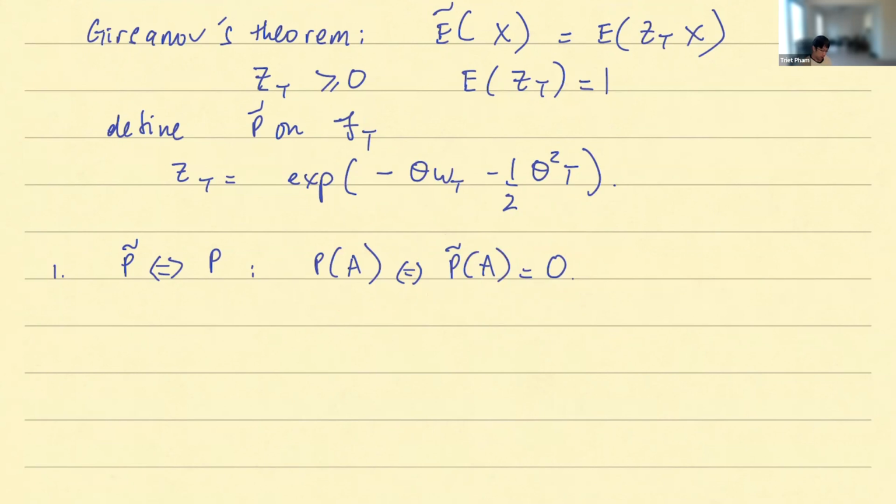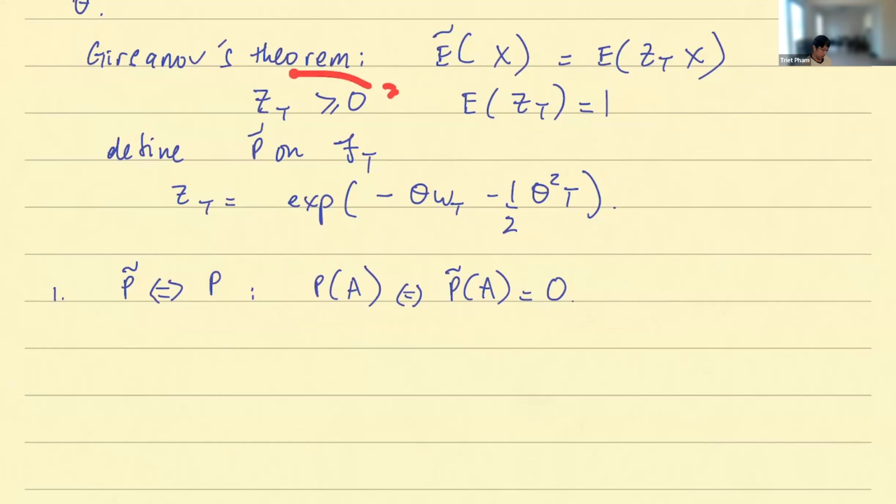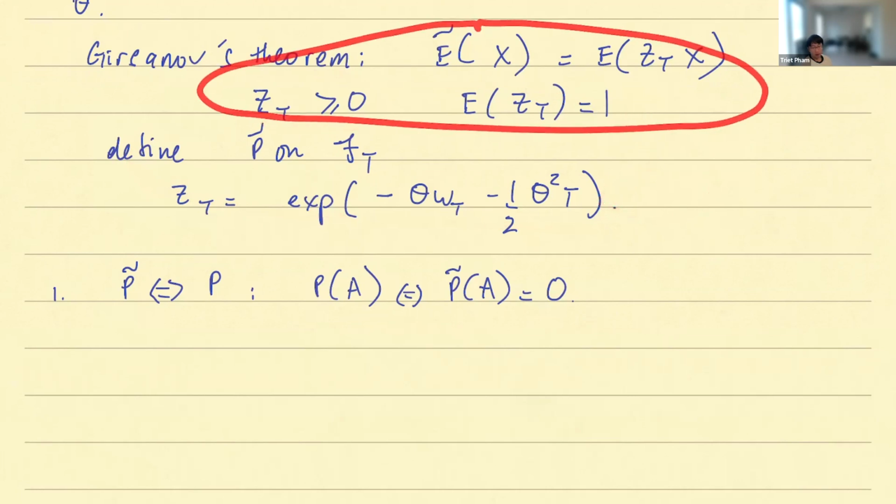Anyway, why would this be true under the choice of the change of measure kernel? First of all, I hope it's trivial that these two conditions are satisfied by this choice. By the way, this by itself is an independent change of measure framework, meaning that you can choose any change of measure kernel that satisfies this condition.